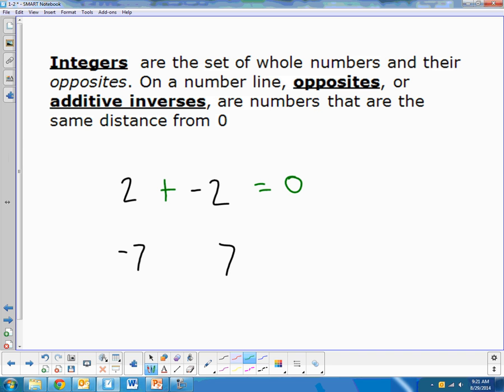Negative 7 plus 7, 0 again. In fact, additive inverses are going to add to 0. And that's what makes something an additive inverse. And those are opposites of each other. So additive inverses are opposites. And that's what we want to keep in mind when we're trying to remember these specific math terms. Additive inverses are opposites of each other. They add to 0.